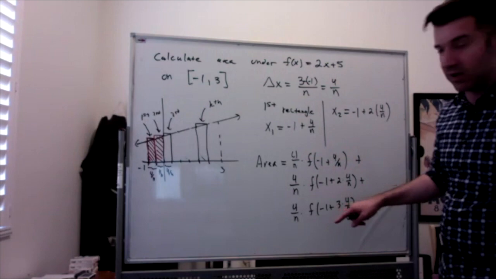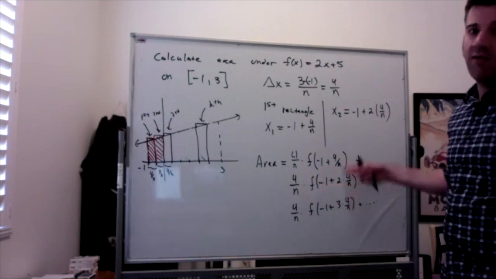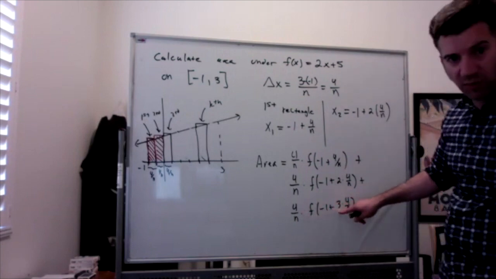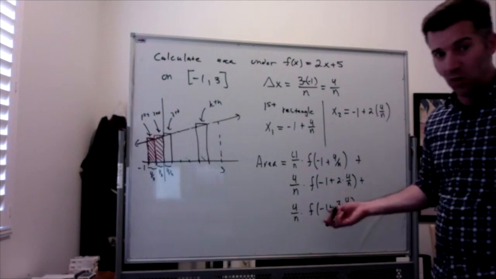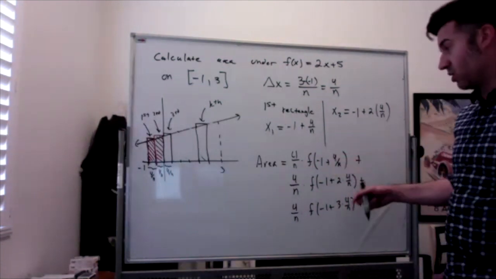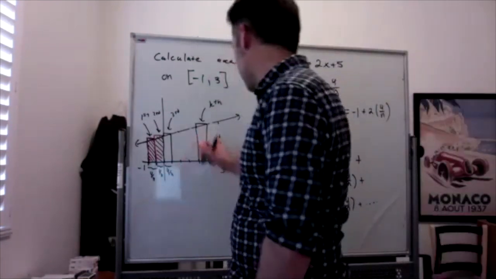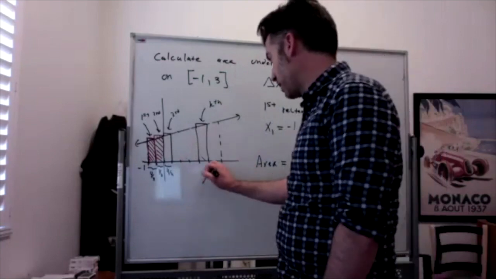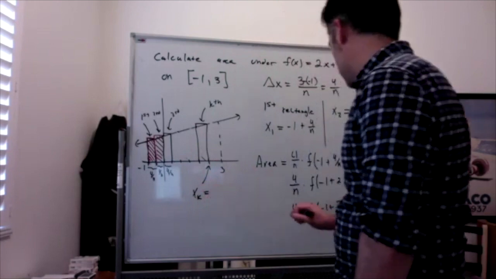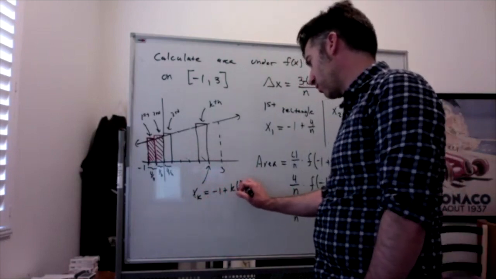For the second rectangle, it's base times f of -1 plus 2 times 4/n. For the third, base times f of -1 plus 3 times 4/n. The only thing changing is what we're multiplying by the 4/n. So it's reasonable to guess that for the kth subinterval, we plug in what I like to call x sub k, which is -1 plus k times 4/n.